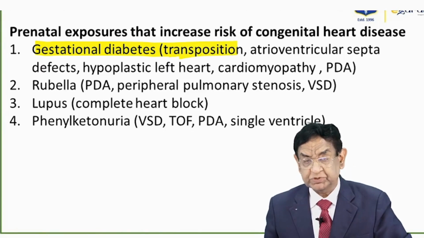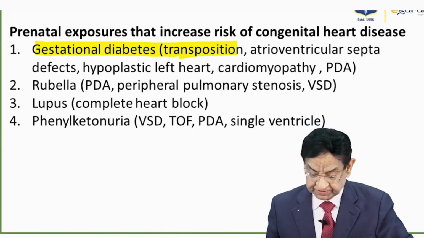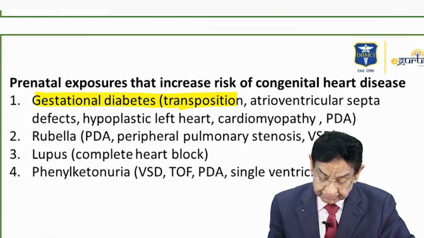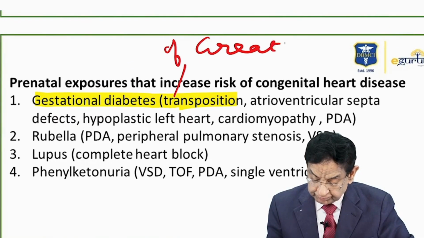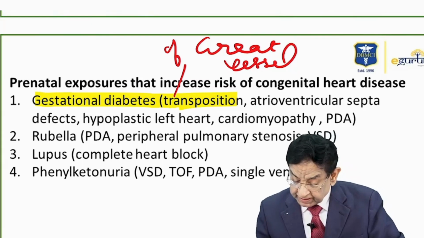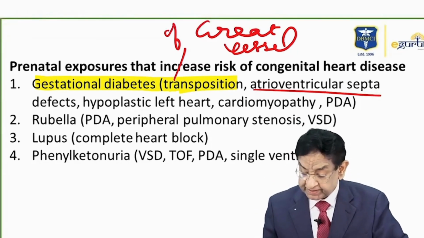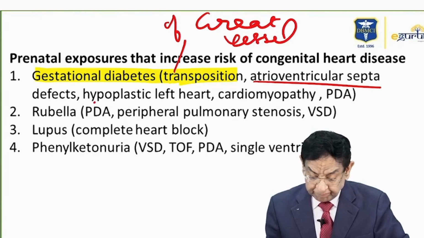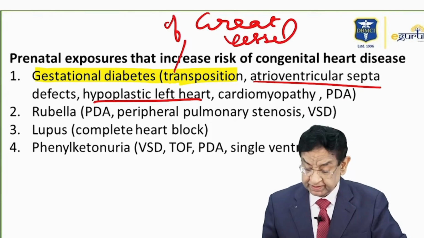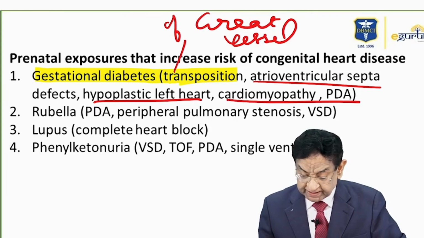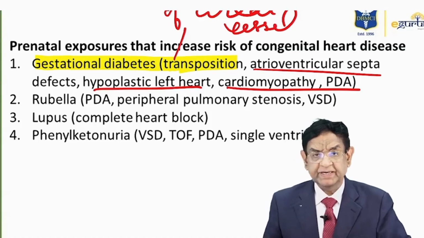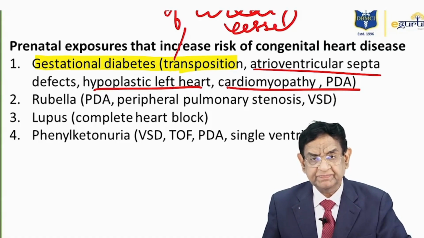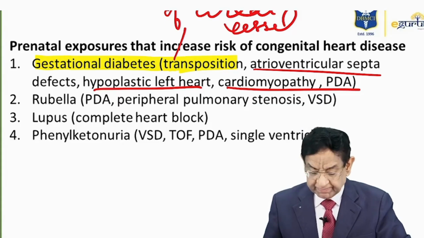Write down transposition of the great vessels. Atrioventricular septal defect, hypoplastic left heart, cardiomyopathy and PDA. This can happen to the newborn child of a diabetic mother.